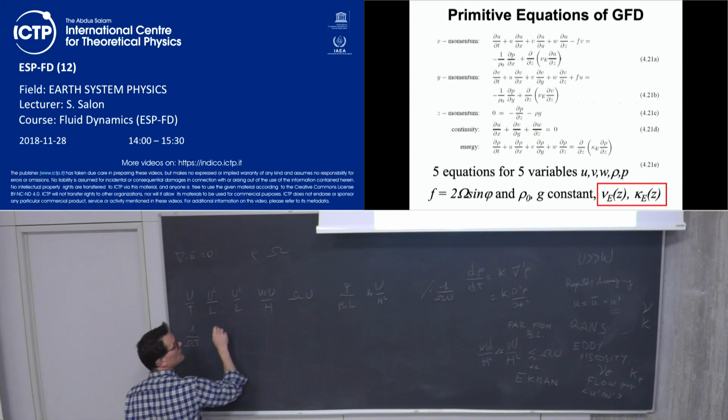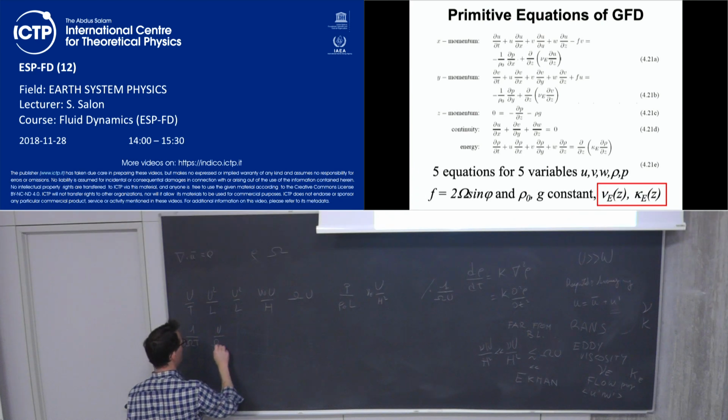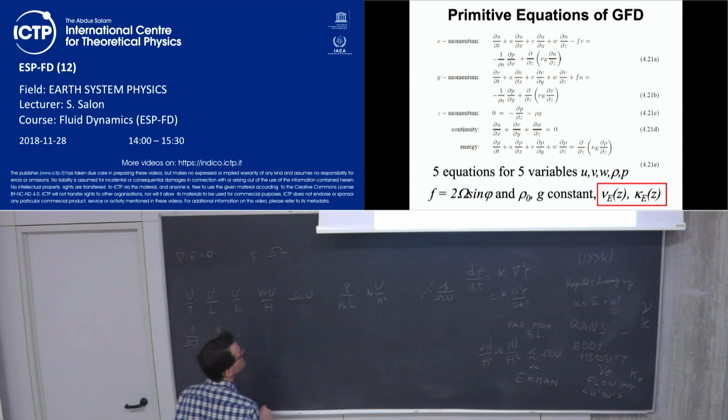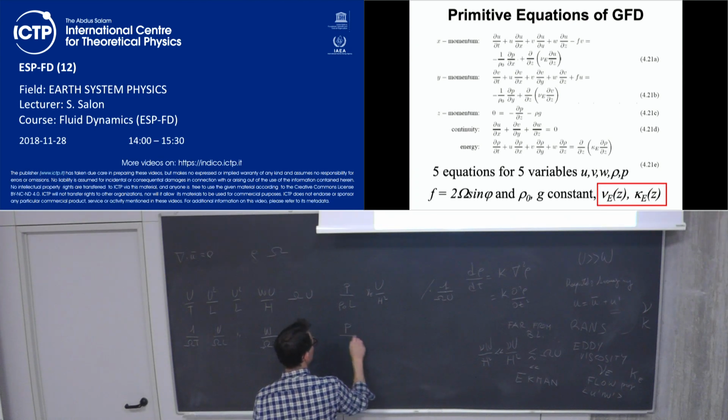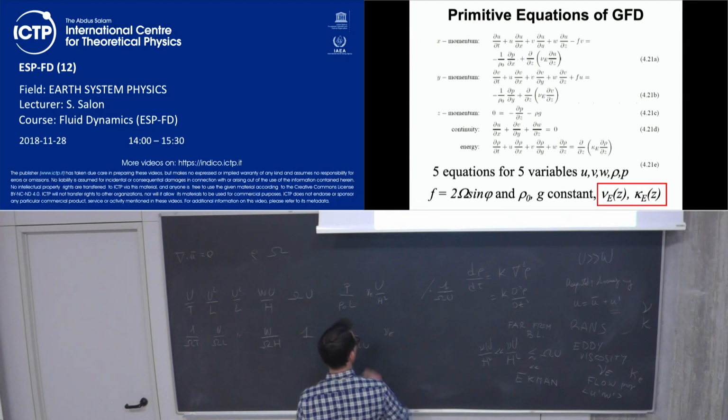Here I will have u over omega L, the same. Here w over omega h. This will be 1. This will be p over rho 0 L omega u, and this will be nu over h squared omega.